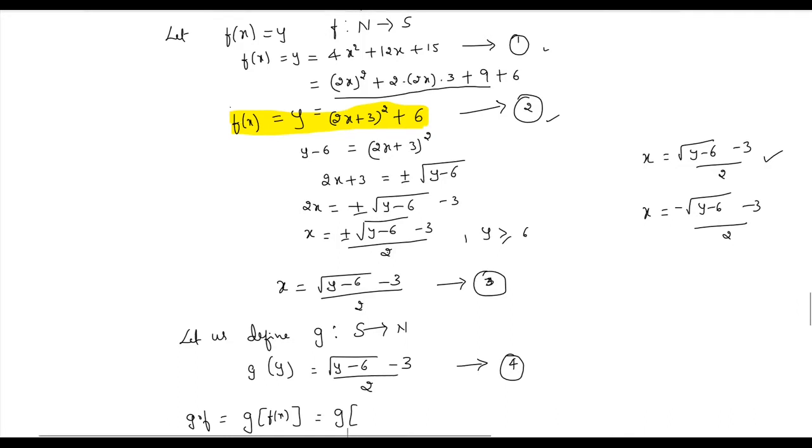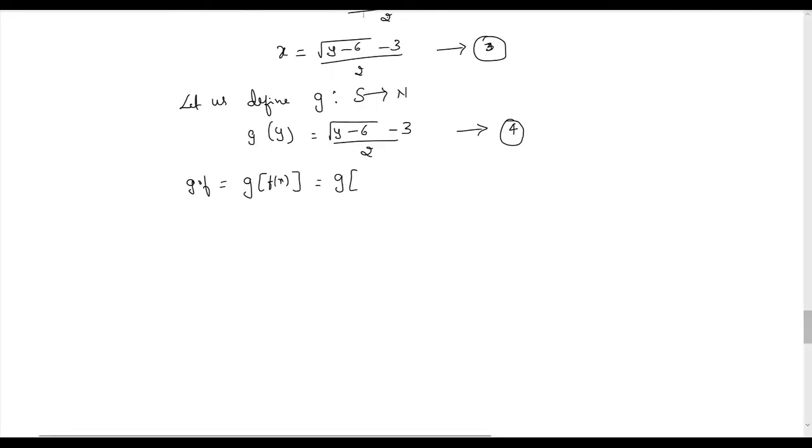Instead of equation 1, we will be using equation 2. So this will be 2x plus 3 whole square plus 6. But what is this? As we have understood from equation 2, this is equal to y. Now, in the function g, wherever we have y, we will be substituting this whole term for y.